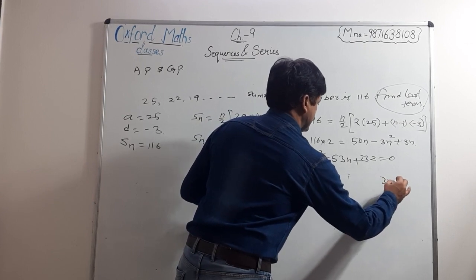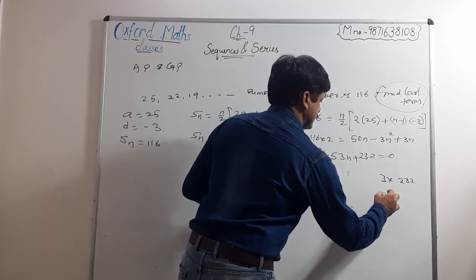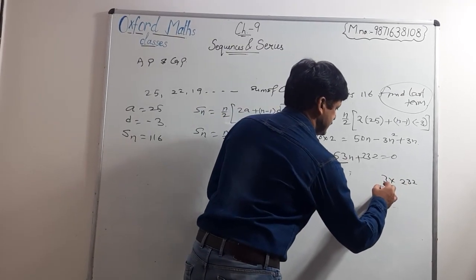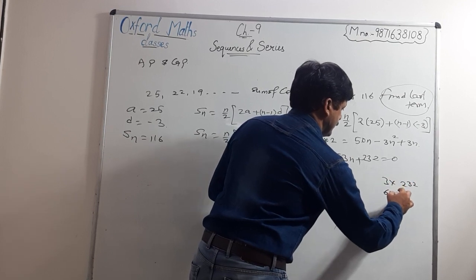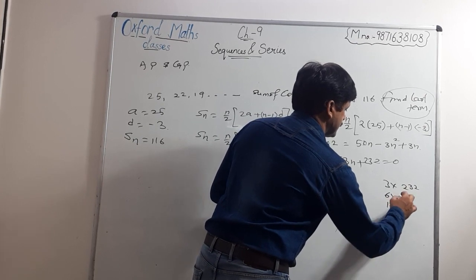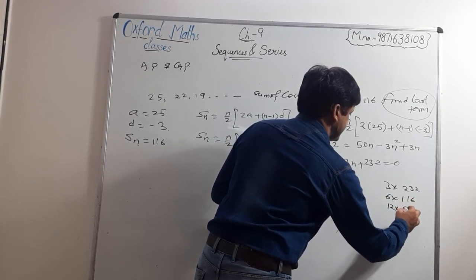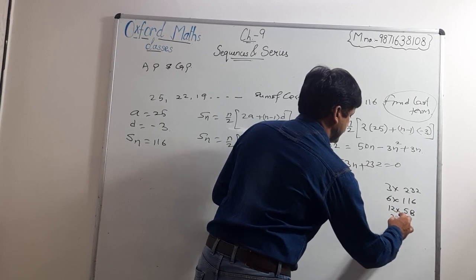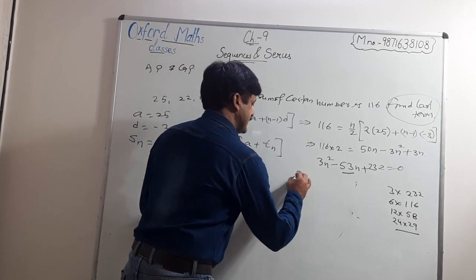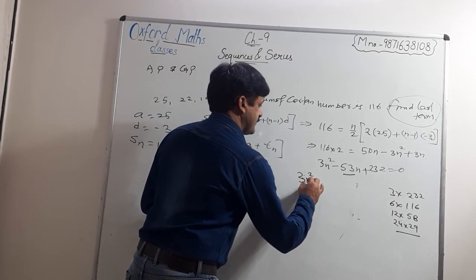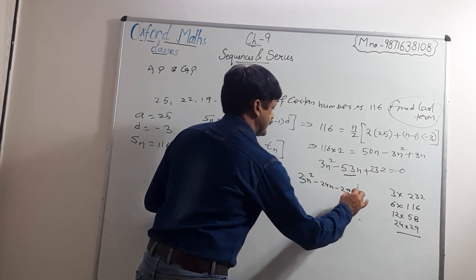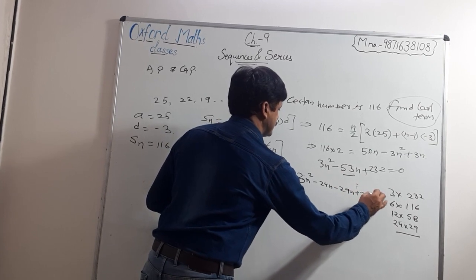3 into 232, converted to 53: 24 and 29. So 3n square minus 24n minus 29n plus 232 is equal to 0.